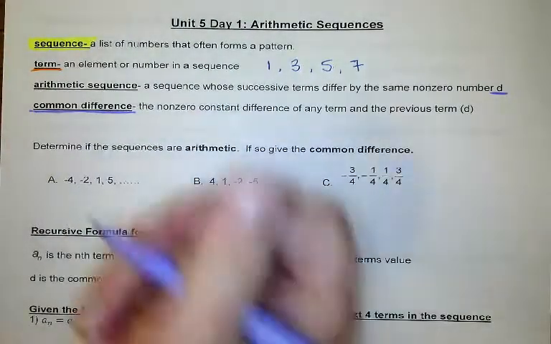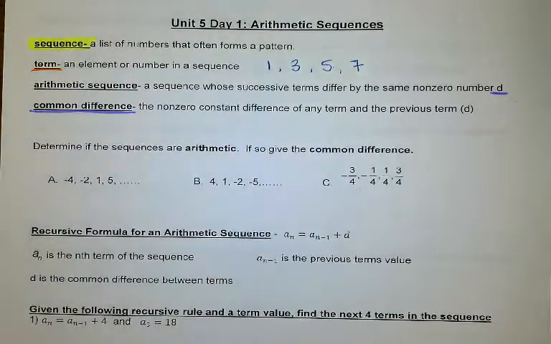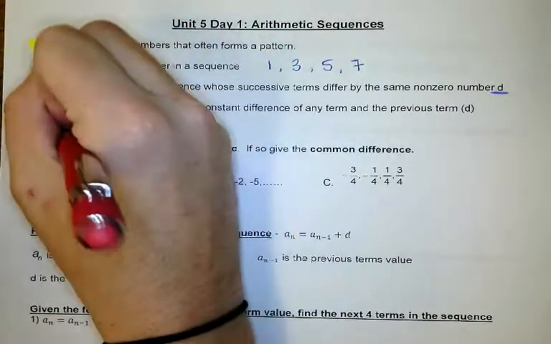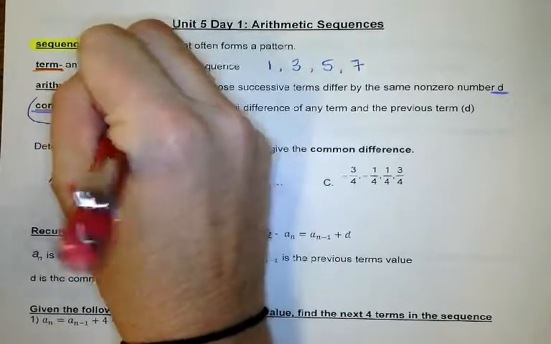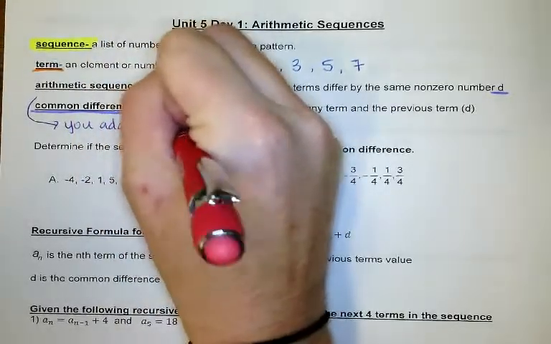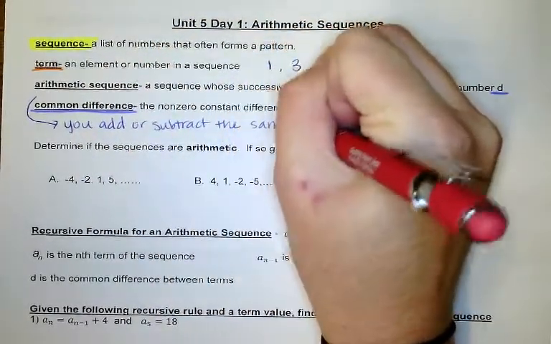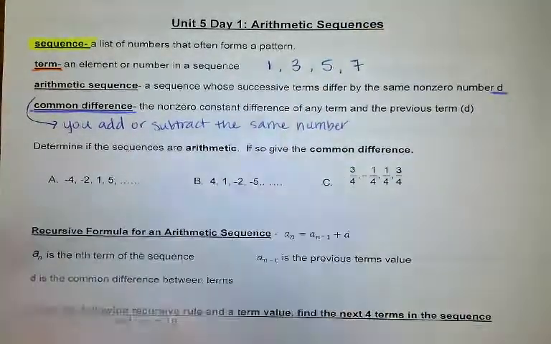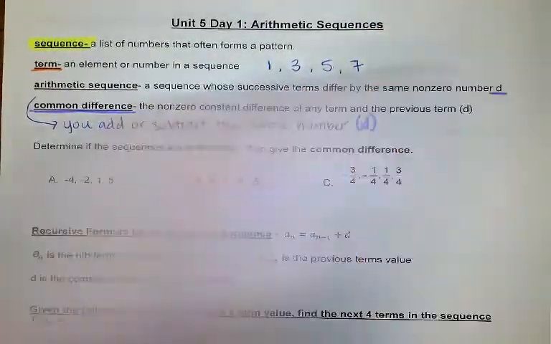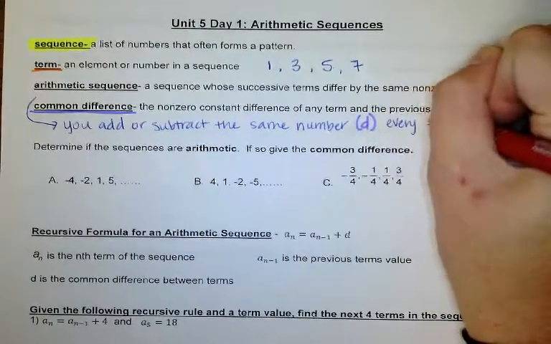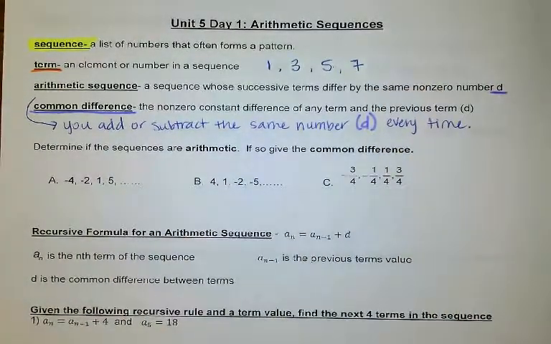So an arithmetic sequence, kind of in non-math words, means you add or subtract the same number, which we are going to call d, every time. Do y'all feel good about that? That's kind of like the fancy math language for an arithmetic sequence, okay?